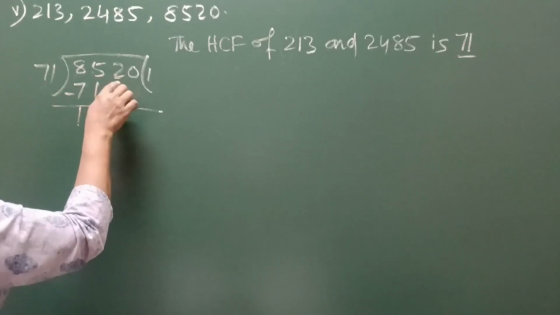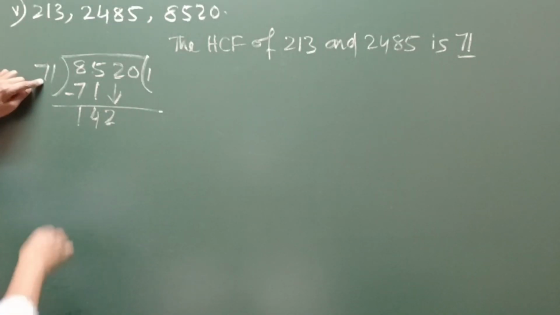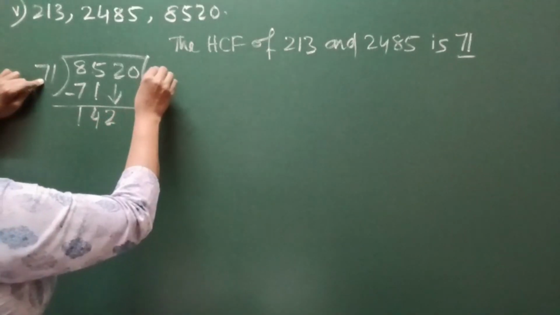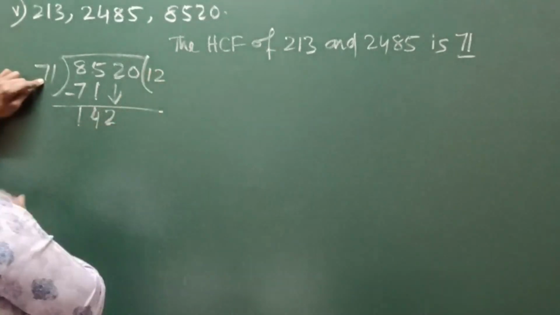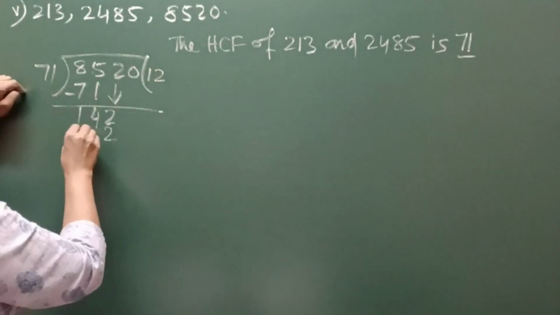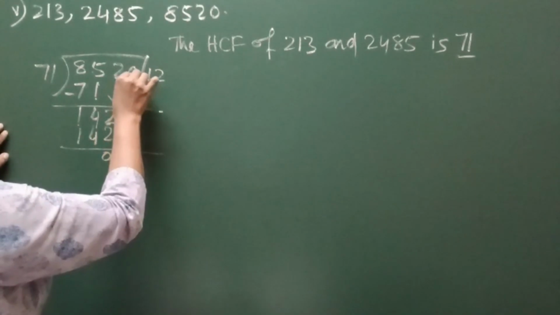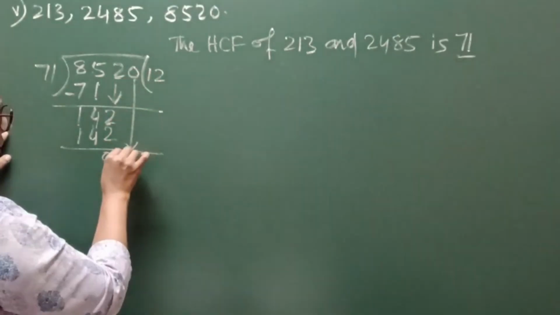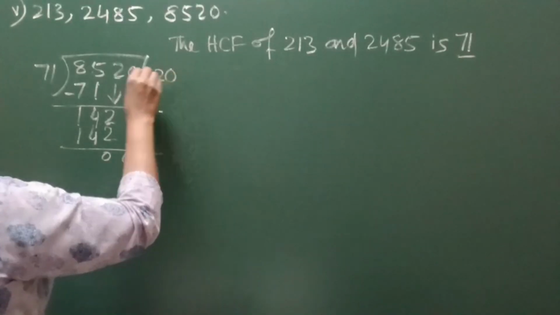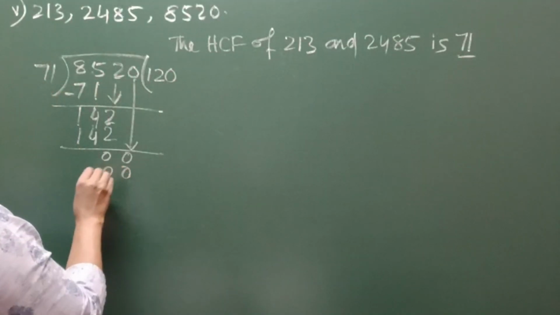Bring down this 2, 142. 7 2s are 14. Okay, 2 1s are 2, 2 7s are 14, 0. Here 1 0 is there, that bring down. So 0 1s are 0, 0 7s are 0.